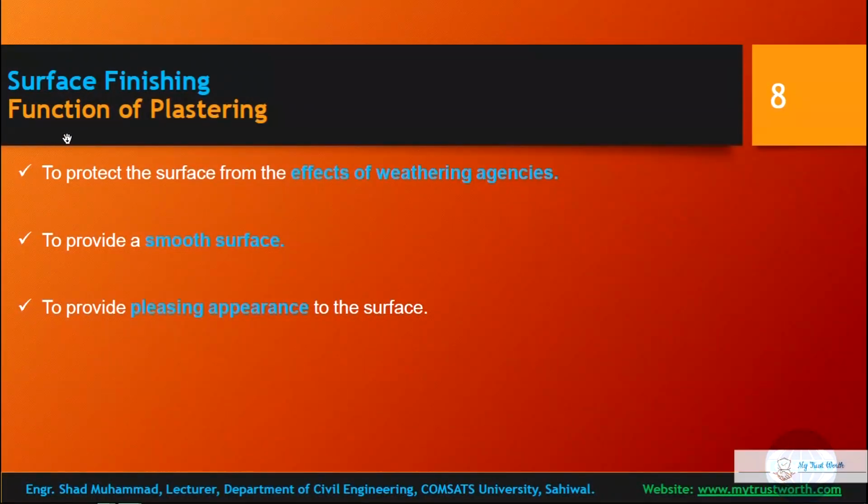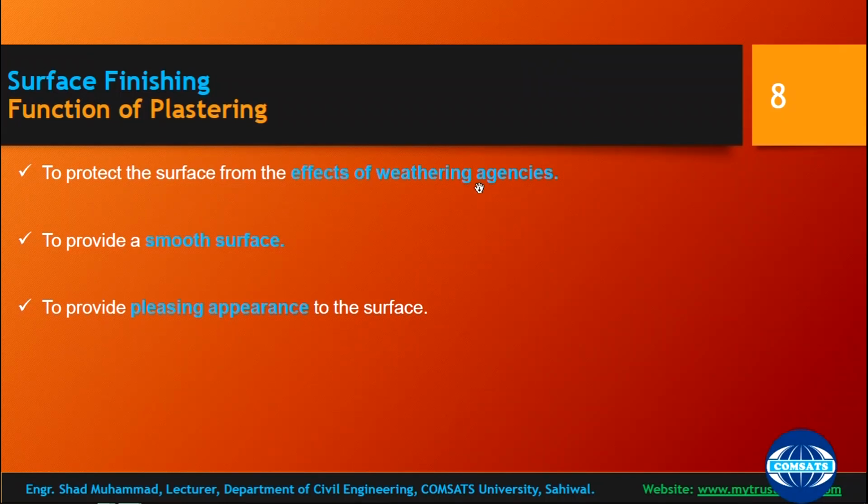Anyhow, what is the function of plastering? Basically, plastering is used for three major purposes. First, to protect the surface from the effects of weathering agencies. Weathering agencies have coarse effects on our buildings and can disintegrate our building structure.